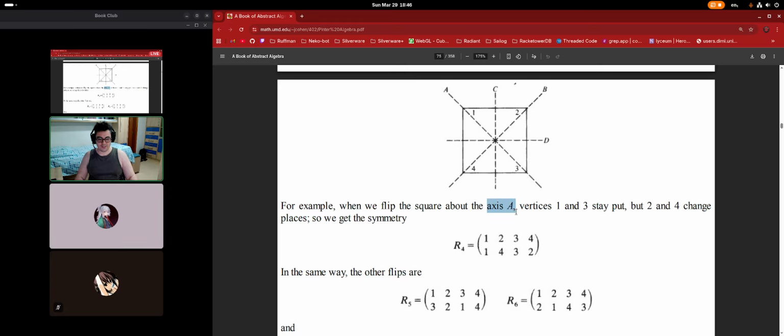It's already introducing the axis A, which is exactly this diagonal. The book is already invoking this notion. And that's why there are these dotted lines here. It's because it's trying to convey that you can do this, and this, and this.